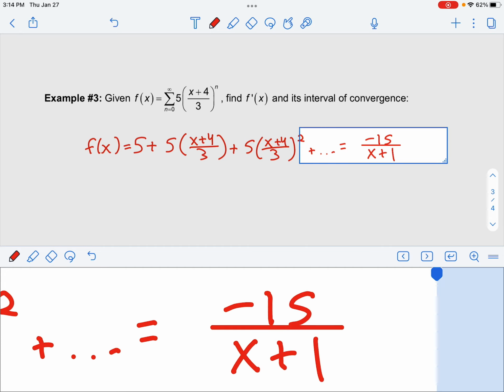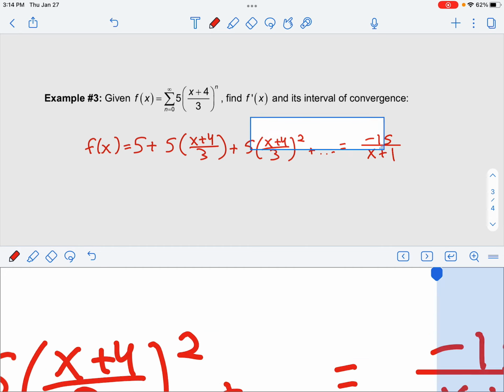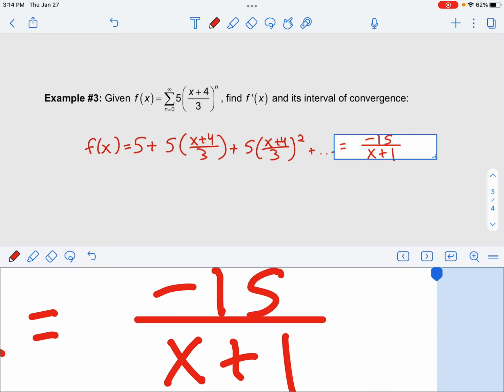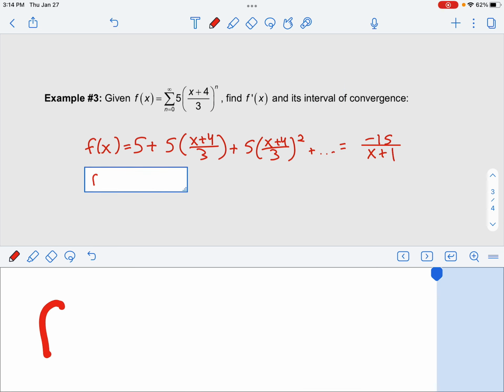This is what f of x equals. So to find f prime of x, all I have to do is take the derivative of this.